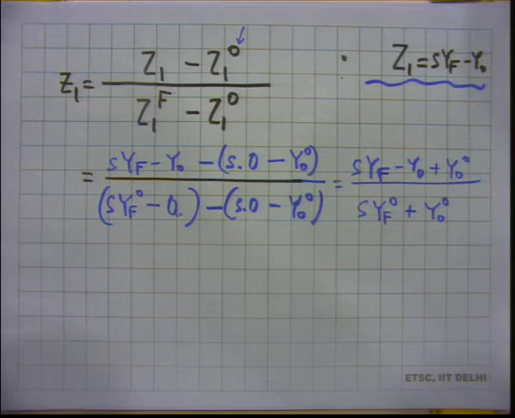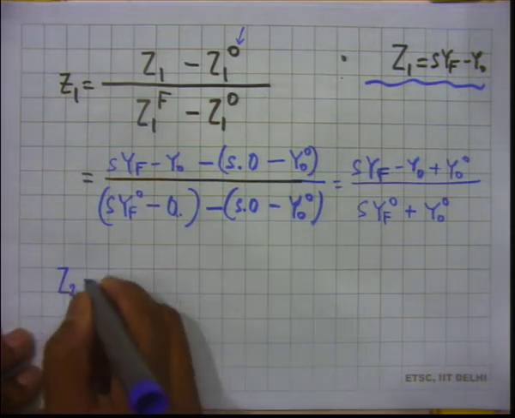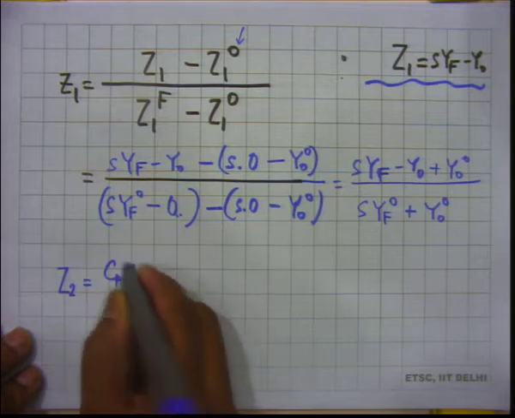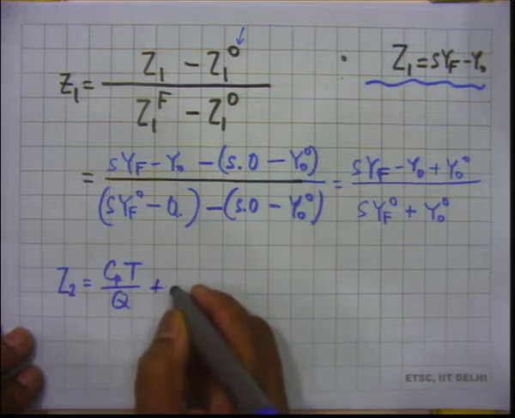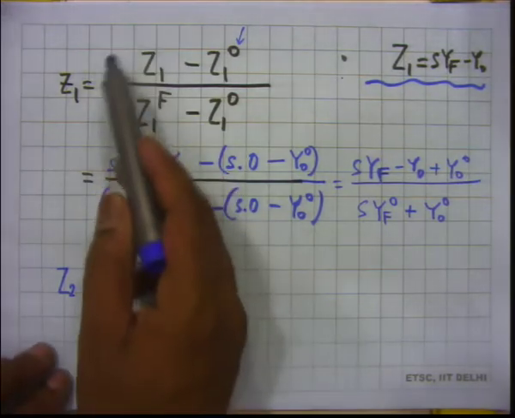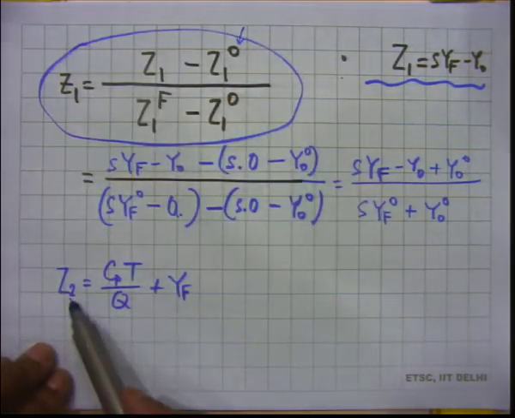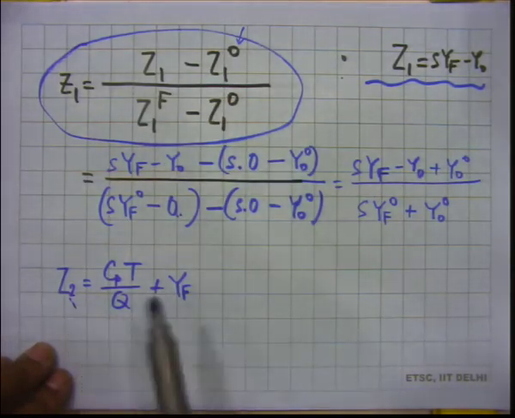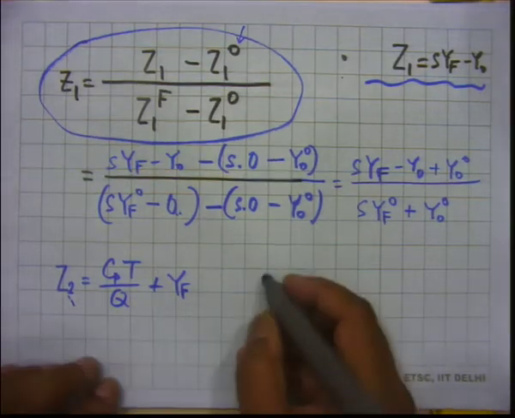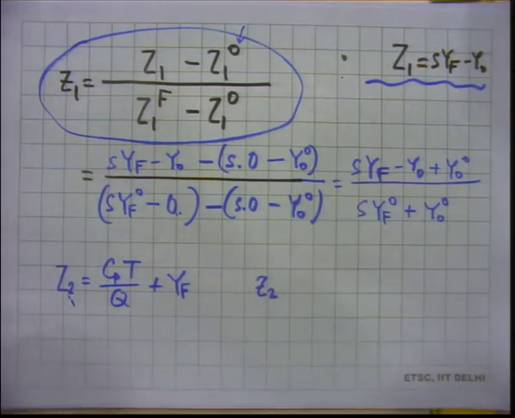So we can similarly do Z2 and Z3. Now, what was Z2? Z2 was in terms of temperature, isn't it? It was Cp T by Q plus YF. So we can use an expression like this for Z2, just change 1 with 2. Instead of 1 you put 2, and after doing that you will be able to get a small Z2, the same procedure.